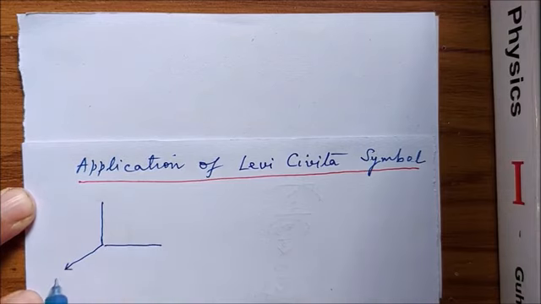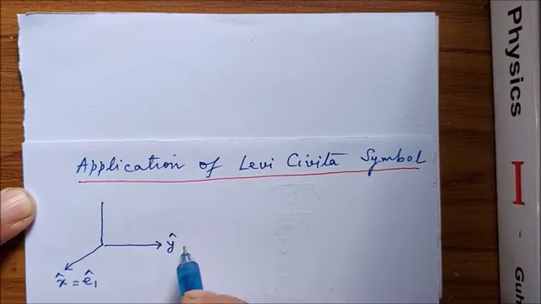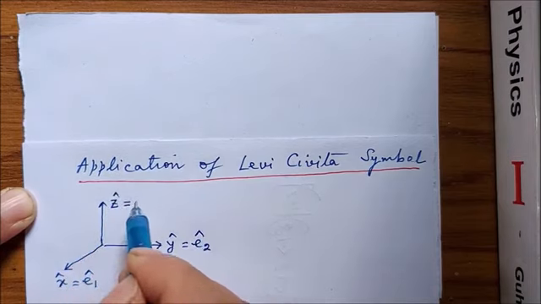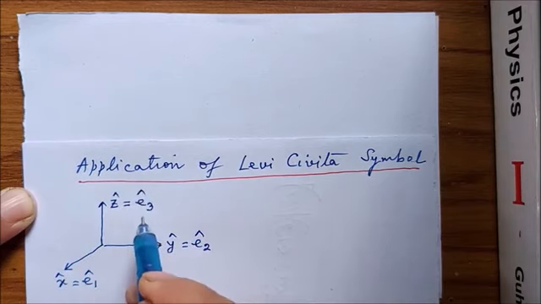This is the x-axis, the unit vector along which is x hat, which can also be denoted by e1 cap. This is y-axis, the unit vector being y cap, which we can denote by, say, e2 cap, and this is z-axis, unit vector along it being z cap or e3 cap.